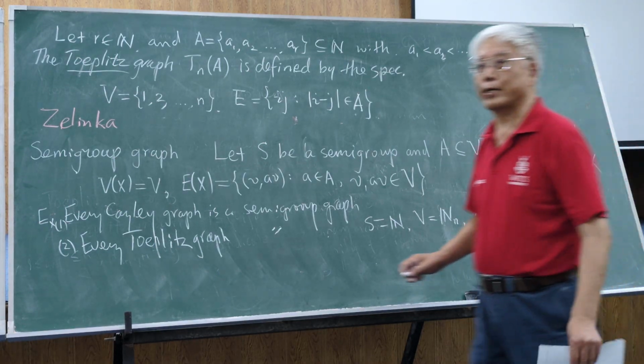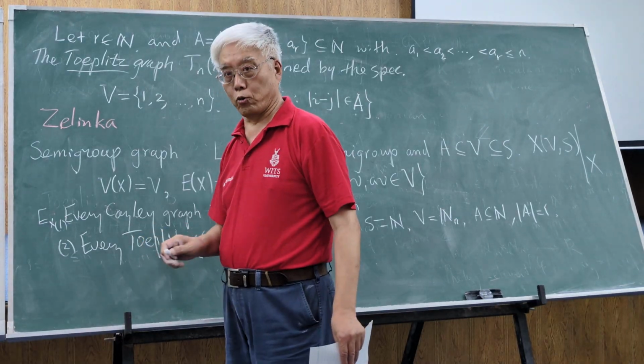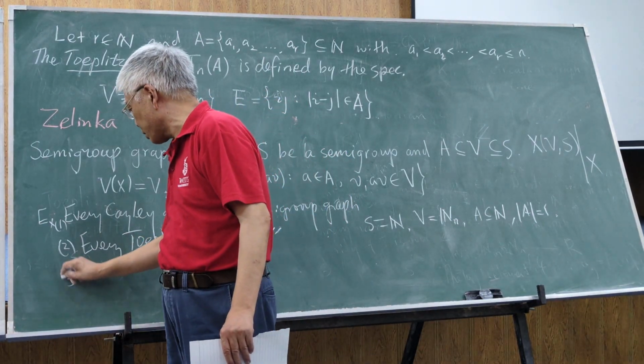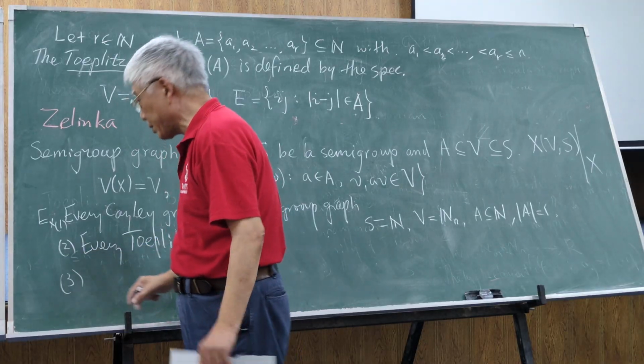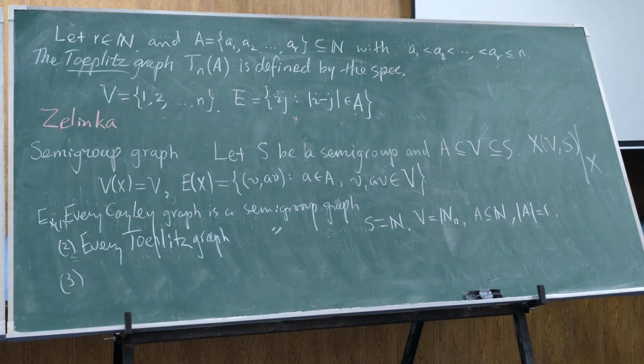There are infinitely many graphs which are neither this nor that that are semi-group graphs. Let me show you one example. Just one example is probably enough, and I can easily give it, so I'll just hold on to it.